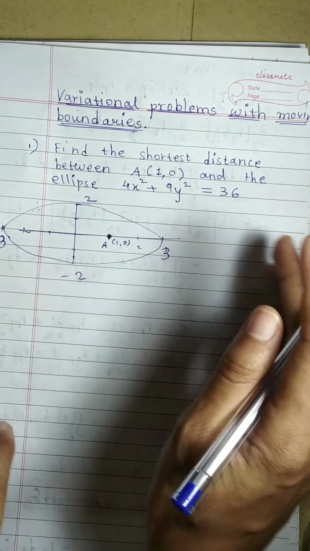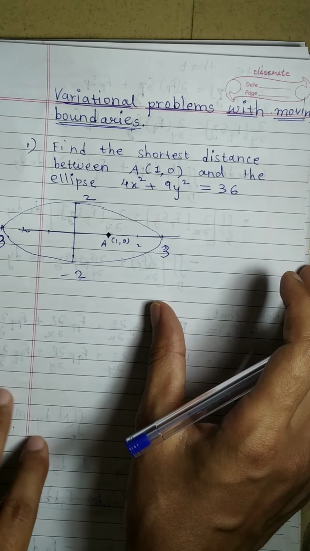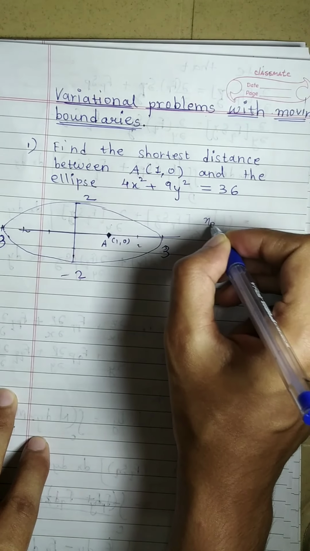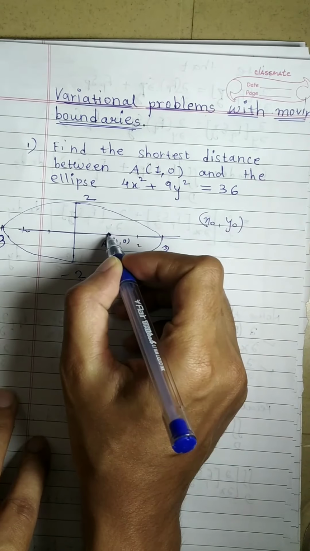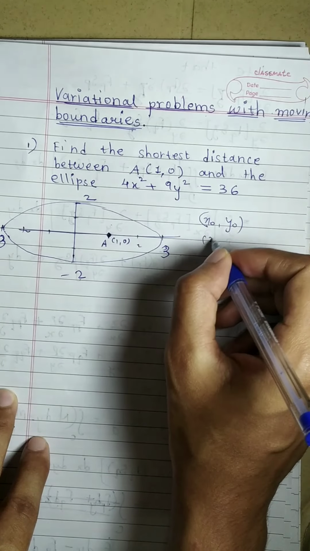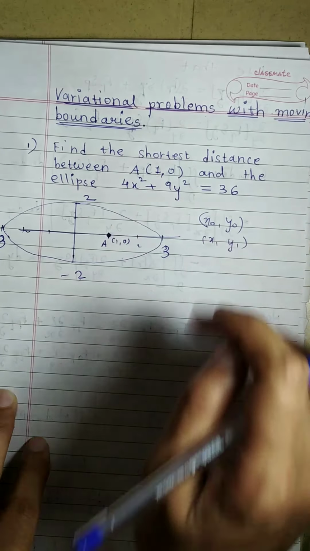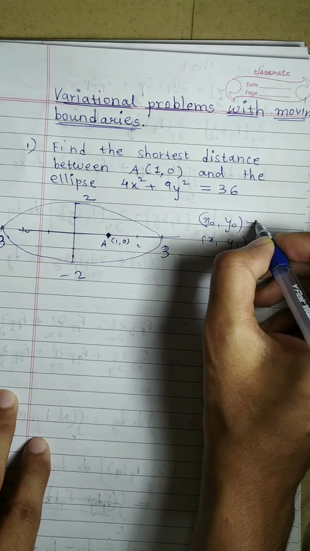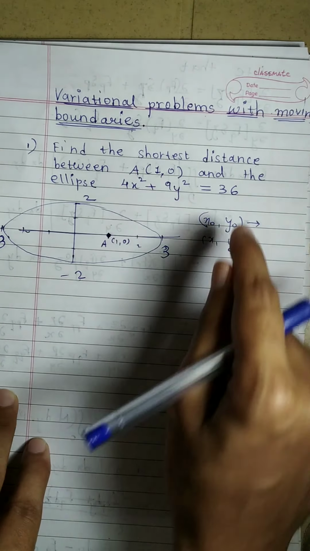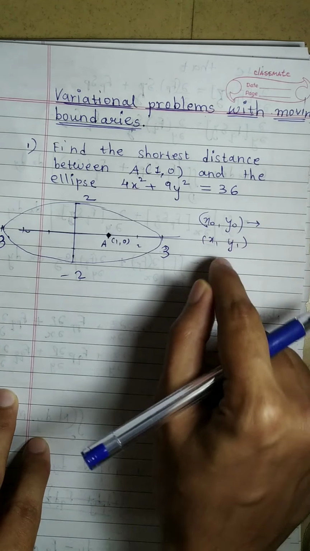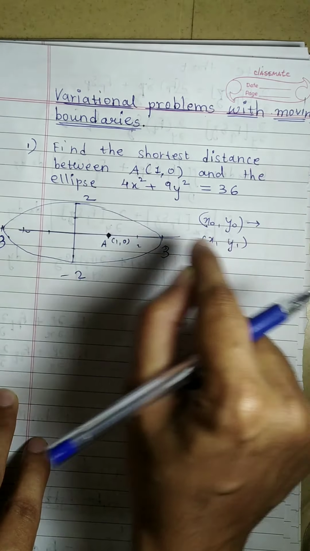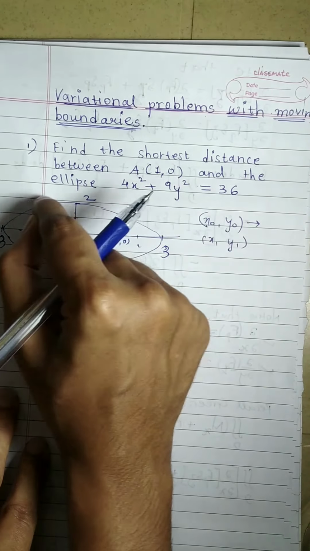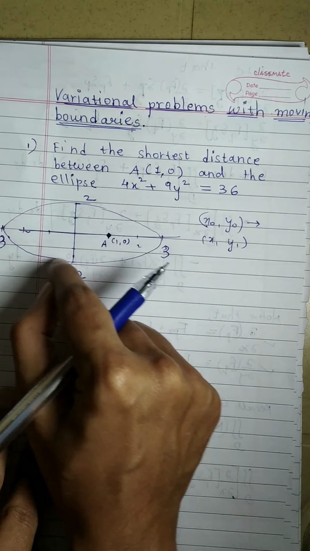The figure tells you that our point is x0 comma y0, and whatever we want to find out is the point x1 comma y1. Now observe that the first point x0 y0 is not moving. This point is fixed, and the point x1 y1 is moving on this curve.